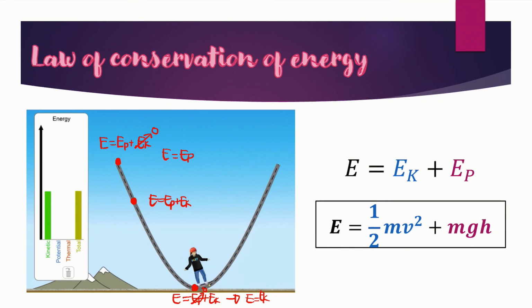This is very useful because when we have to calculate the energy at an intermediate point, we can compare the total energy at the higher point or at the lower point in order to get the rest of the information that we need to solve the problem.